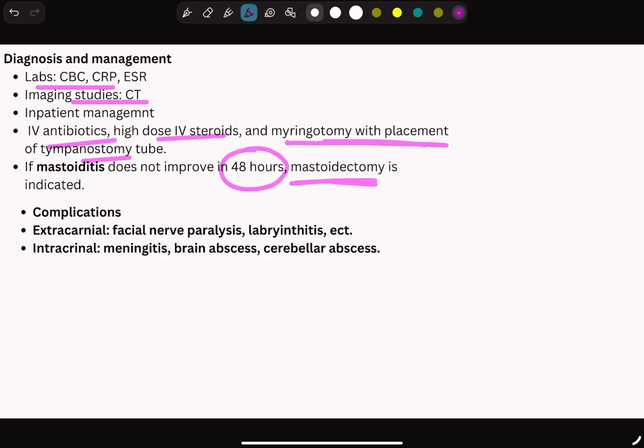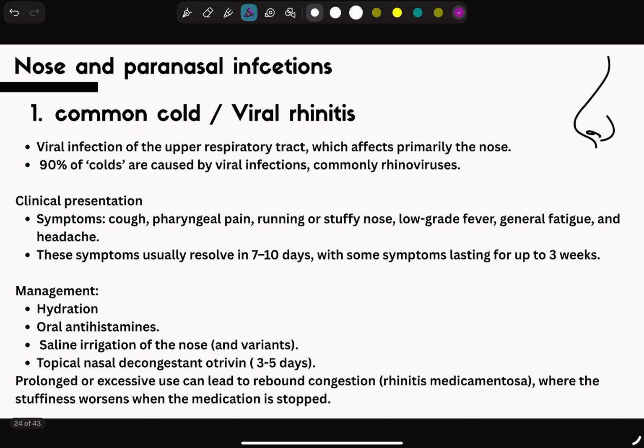So we need to treat it very properly, because it might go into the brain, causing meningitis, brain abscess, cerebellar abscess. So we really don't want to reach that level. It's very important that we treat it properly and monitor the patient along the way.